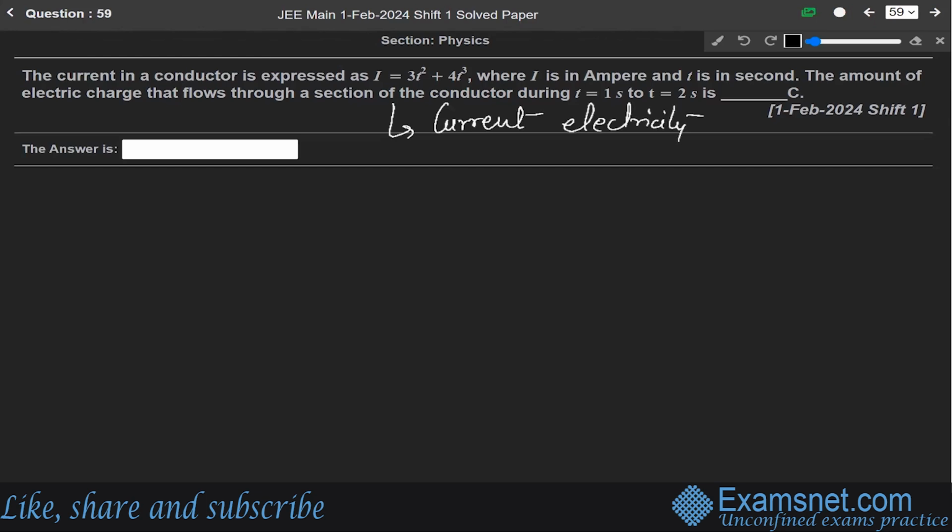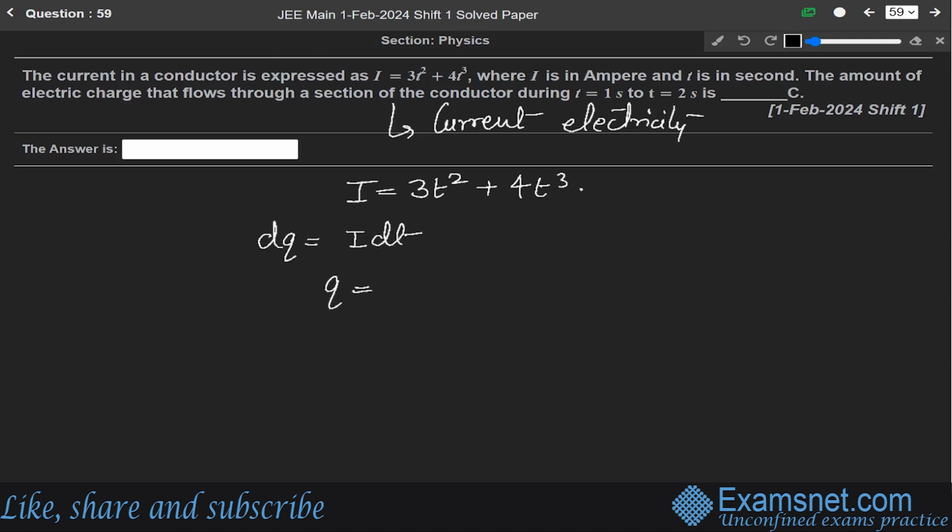So we are given the current as I equals to 3t square plus 4t cube. We are asked to find the electric charge that flows through the section of the conductor. So dq is equal to I dt.